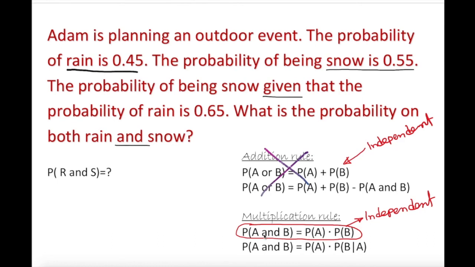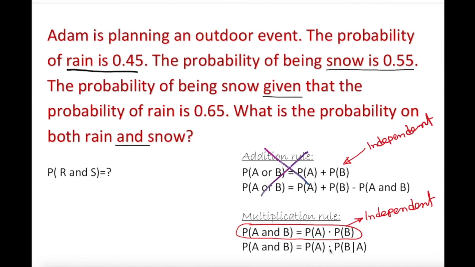Remember, if you're looking for A and B and the events are dependent, then it is conditional: the probability of A and B is the probability of A times the probability of B given A. A already happened, then you're finding B. Something is given, so that's how we read it.